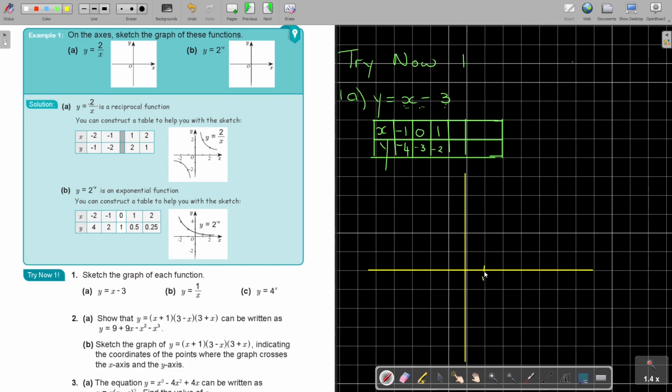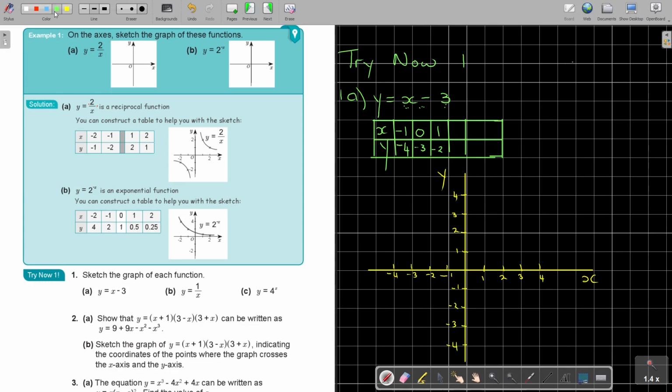So this is going to be 1, 2, 3, 4, and this is going to be -1, -2, -3, -4. And this is also going to be 1, 2, 3, 4. This is my y-axis, this is my x-axis. This one is -1, -2, -3, -4.